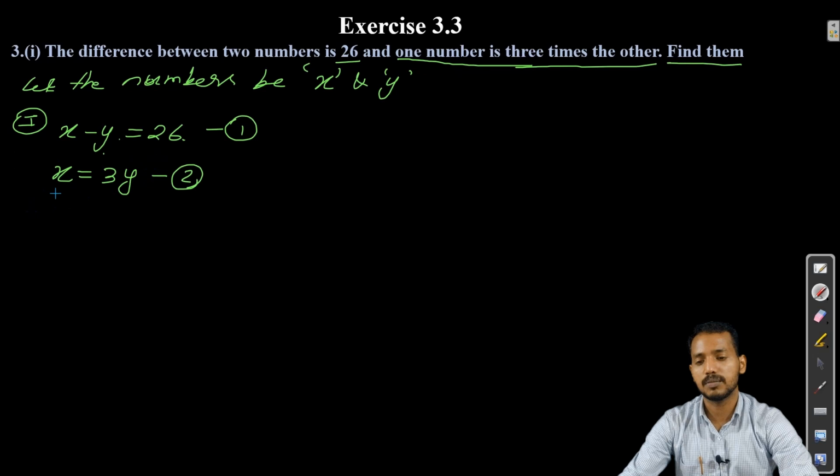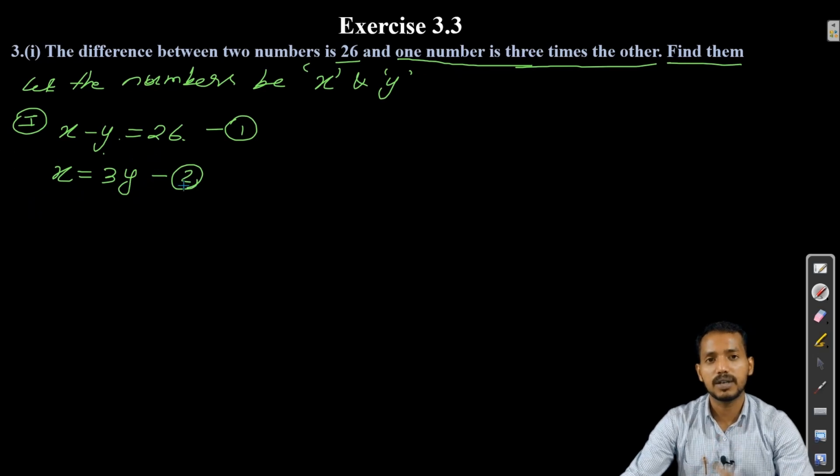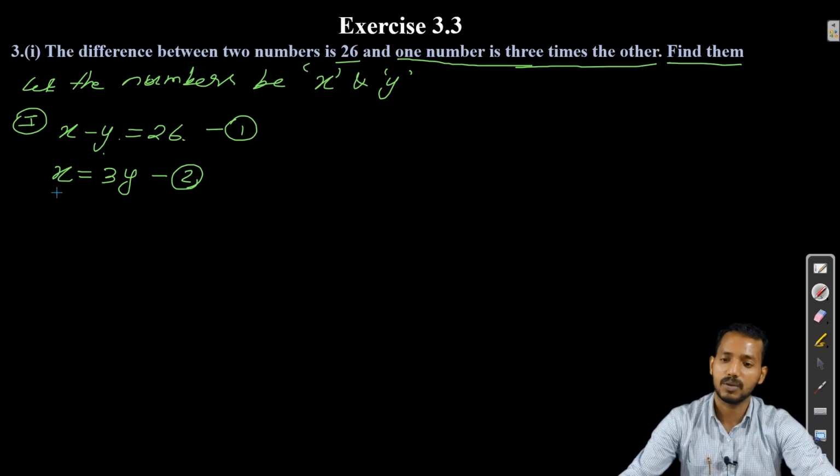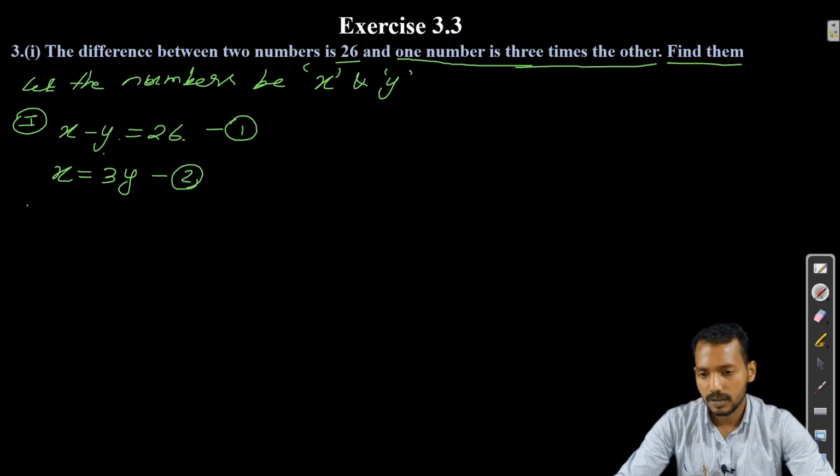So by the substitution method we are going to solve. Here we have one advantage: in equation number 2, x is in terms of y, so step 1 we don't require here. We can directly substitute equation number 2 in equation number 1, because in equation number 2 the value of x is written in terms of y.